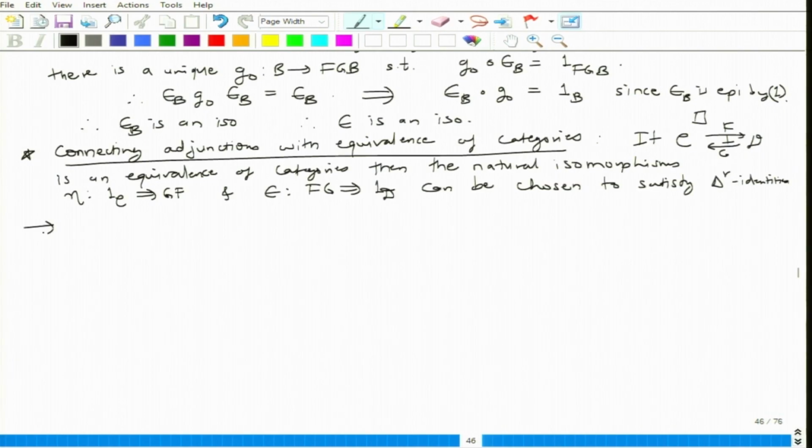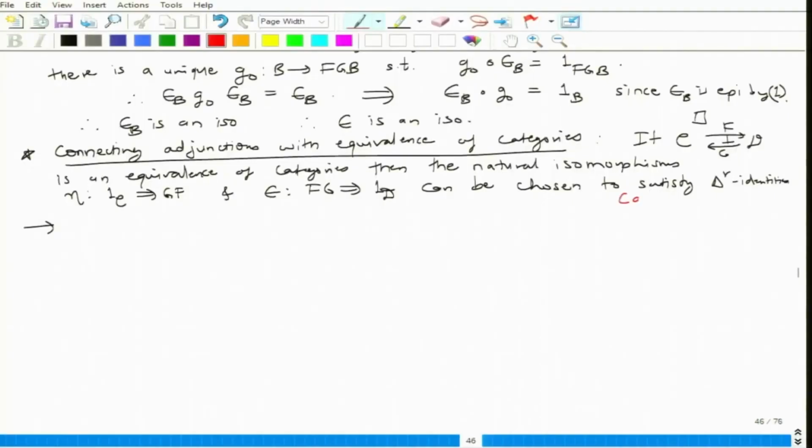So in particular, if these two natural transformations, the unit and counit, are natural isomorphisms and they satisfy the triangular identities, then we call such an equivalence an adjoint equivalence. So let me write this name.